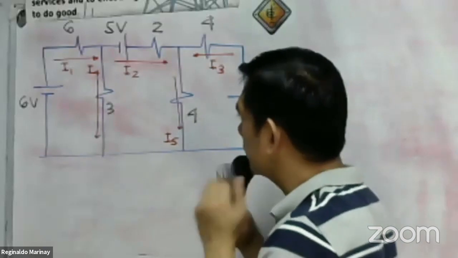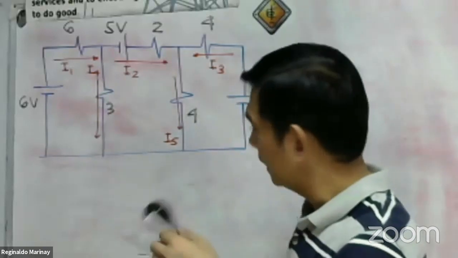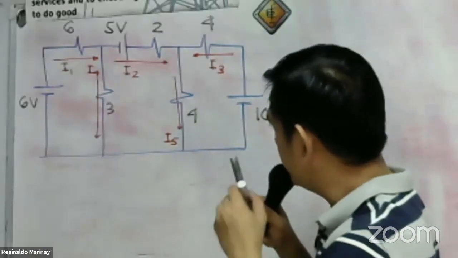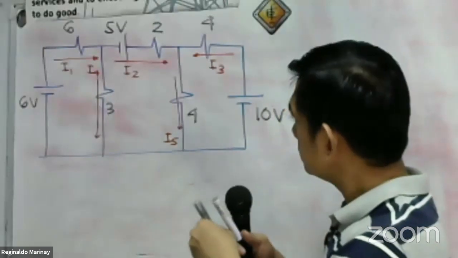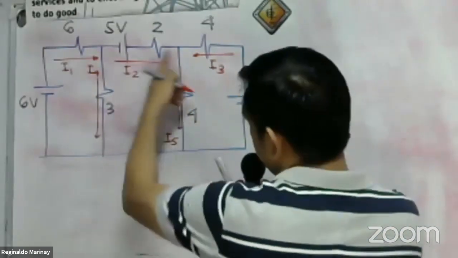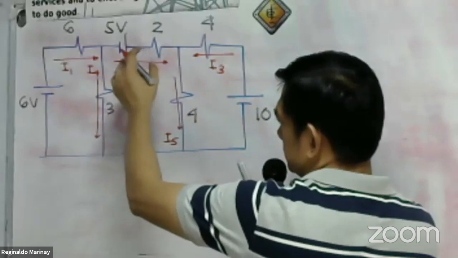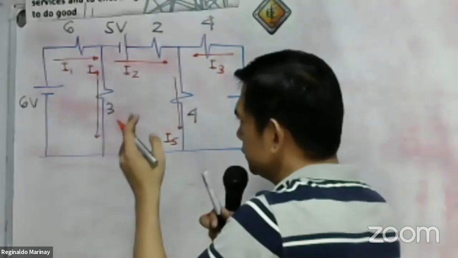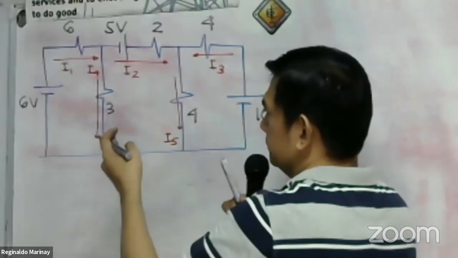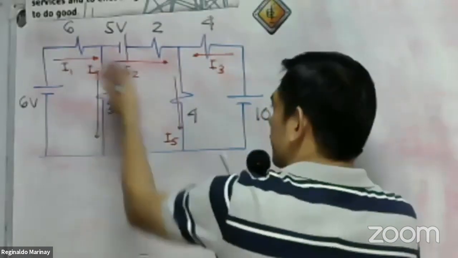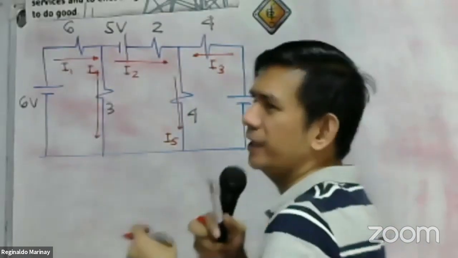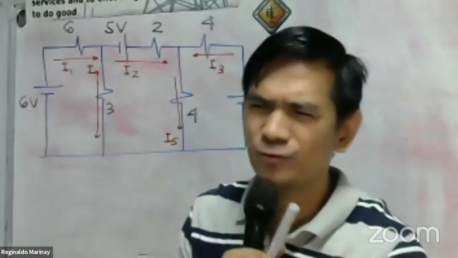Take a look here at our I4, guys, and I5. I will go first with I5. What is our I5 here? Because we will solve this as I1, I2, I3, I4, and I5. There are so many equations, that will become 5 equations.